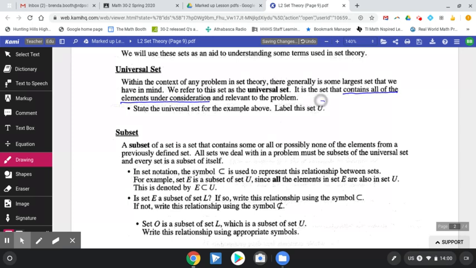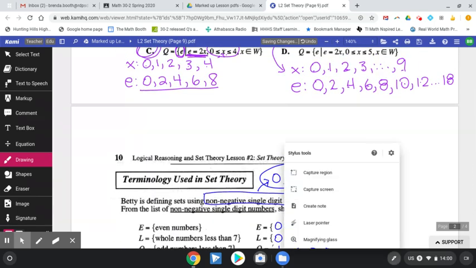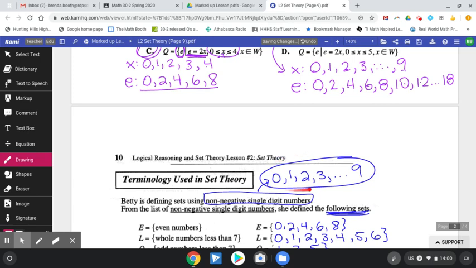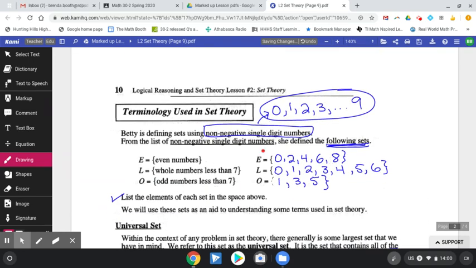Okay, and we'll always use a capital U for the universal set. So for Betty's numbers, the universal set includes every number that would be considered. It's actually the ones that we wrote right here. Those are all the numbers that she is considering. When we look at all the other sets, the elements in all of these sets are all included in this one.